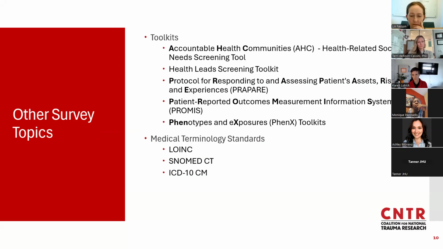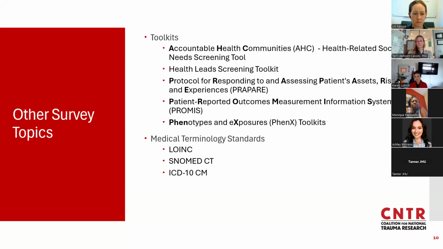We also talked about other topics that we'd like to include in the Delphi, being the different toolkits. Here's a list of the toolkits that were recommended, as well as ensuring that the system has the capability for collecting medical terminology and different standards. These will be included in the Delphi as well.